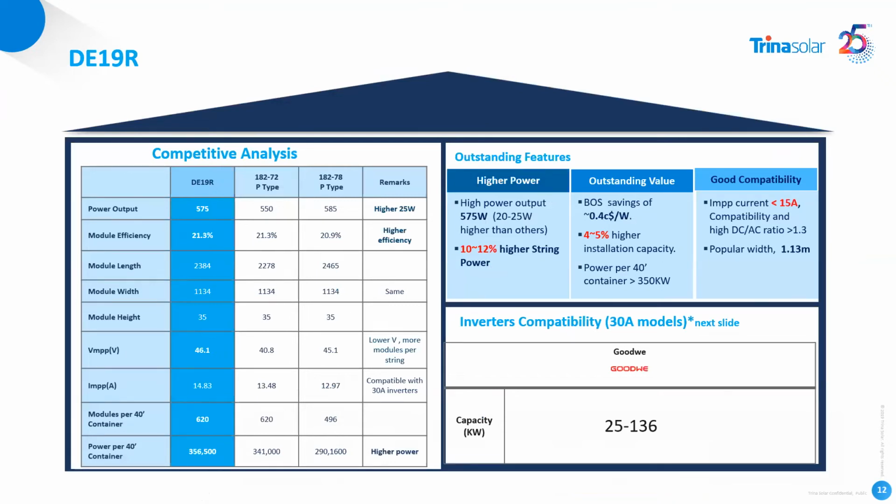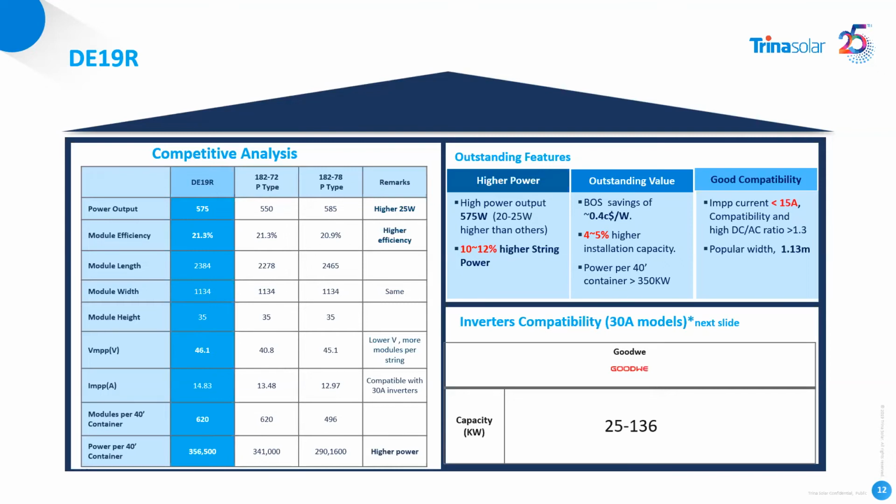So what are the outstanding features of this new product for us, the DE19R? As we said, we want to ensure cost efficiency. So it can give you 10 to 12% higher string power per installation, a BOS saving of 0.4 cents per watt USD, and 4 to 5% higher installation capacity, because later I will share why we're discussing this.